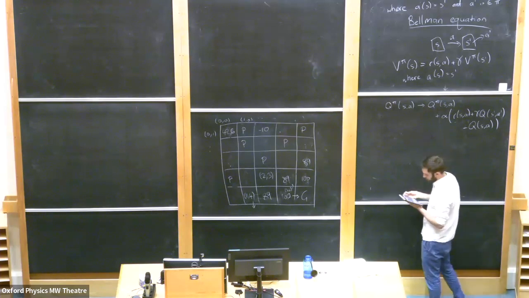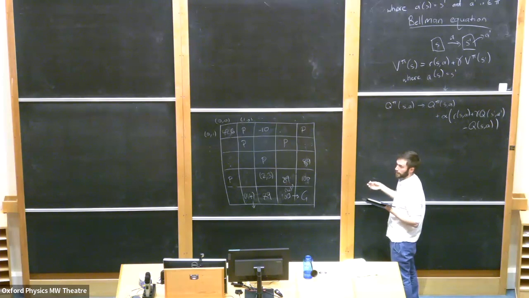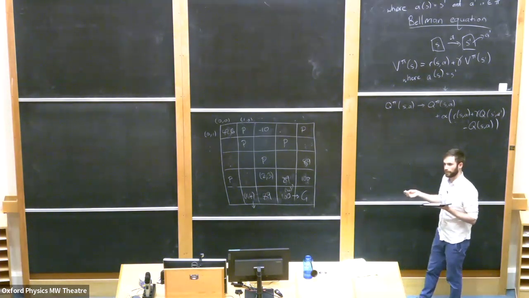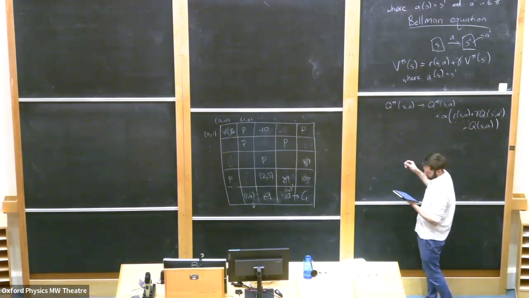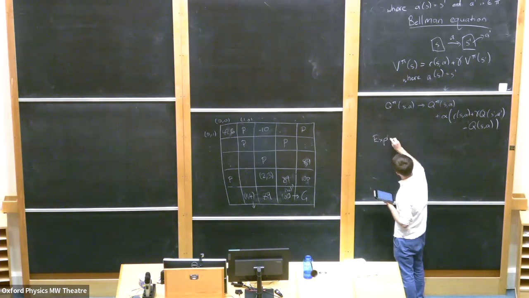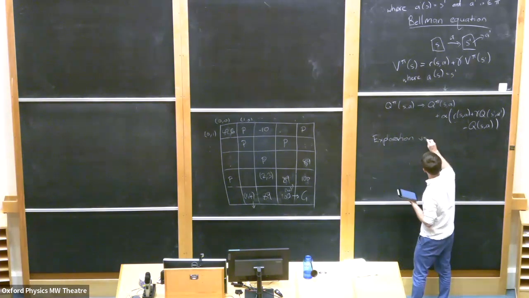The standard thing that you do is you build in some aspect of randomness, which is that you should follow the policy most of the time, but then sometimes you should just do something different. So this is a classic problem in reinforcement learning called exploration versus exploitation.